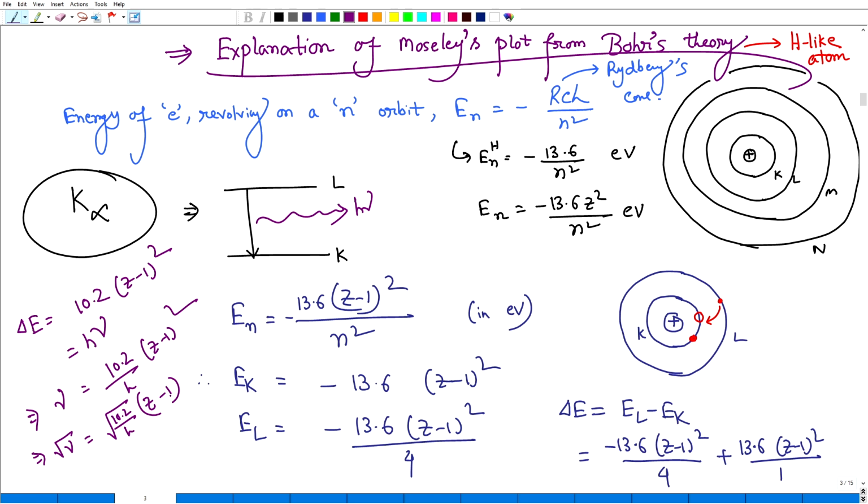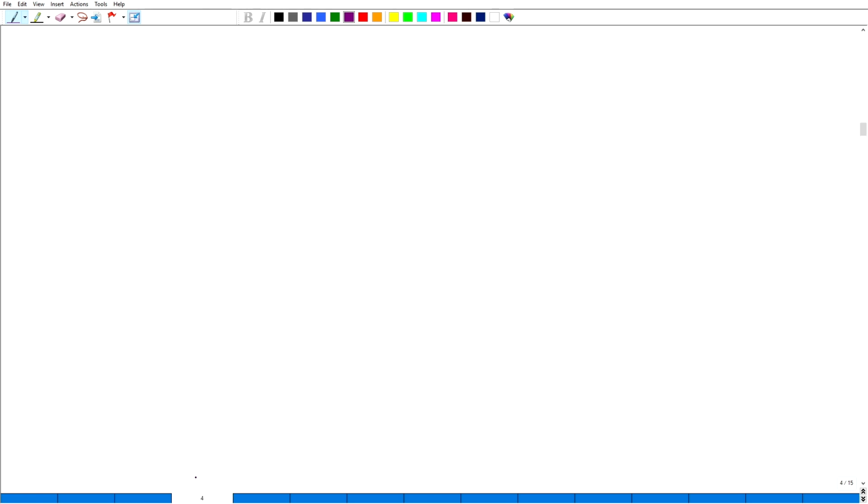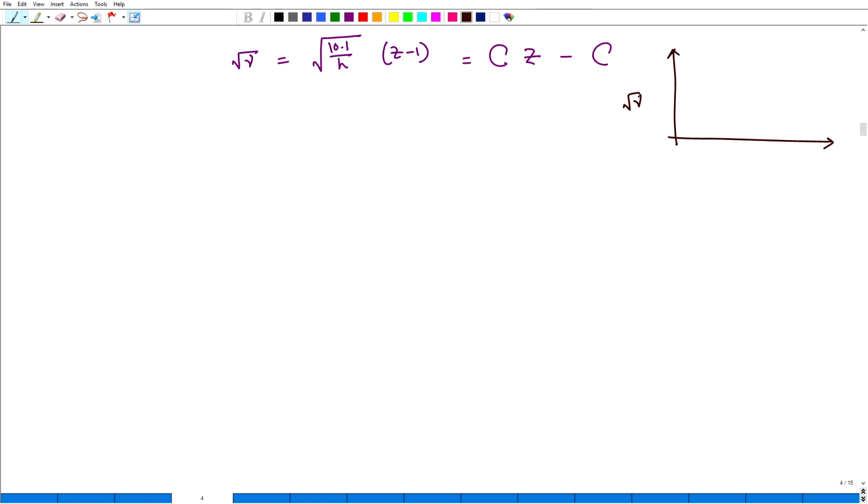If you plot it, what will the plot be? Root of 10.2 by h we can write as C, so the equation is root nu equals C Z minus C. Now we can plot it, with root nu on one axis and Z on the other.